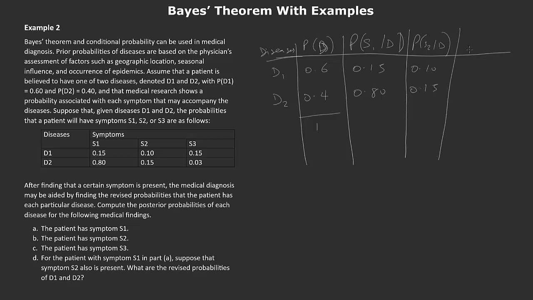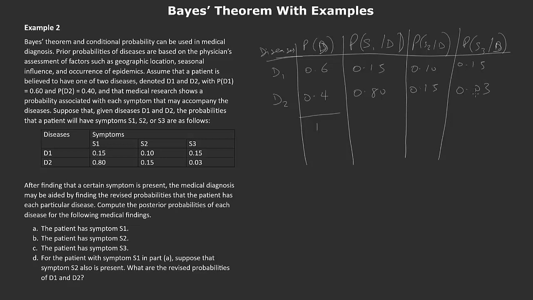Then for the third symptom, S3, the probability of S3 given the disease has taken place is 0.15 and 0.03. So here's the question.